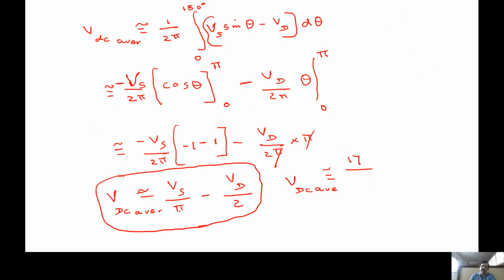So 17 divided by pi minus Vd by 2, that is 0.7 by 2. Substituting here, you will get roughly about 5.05 volts. Now this is my average DC value output.